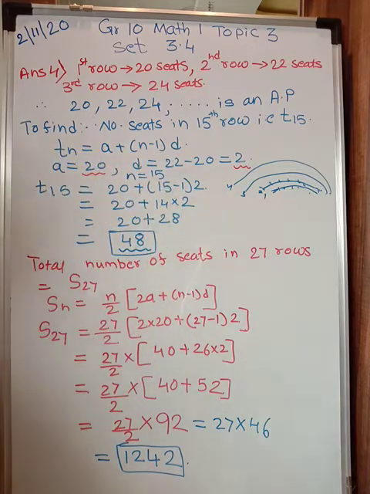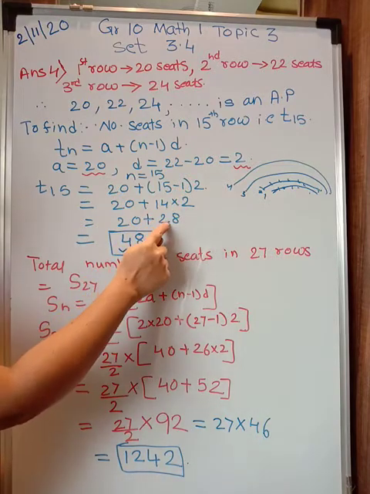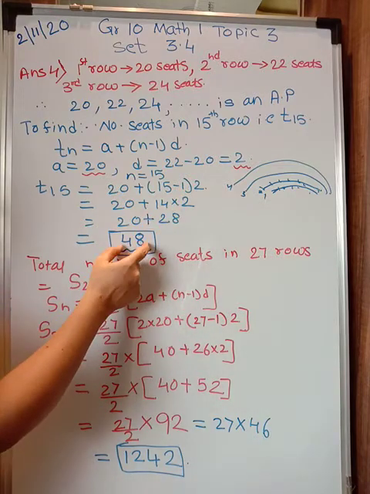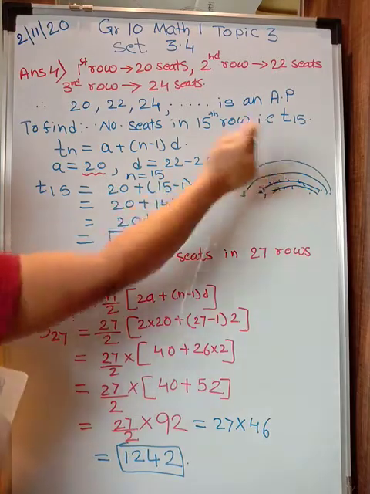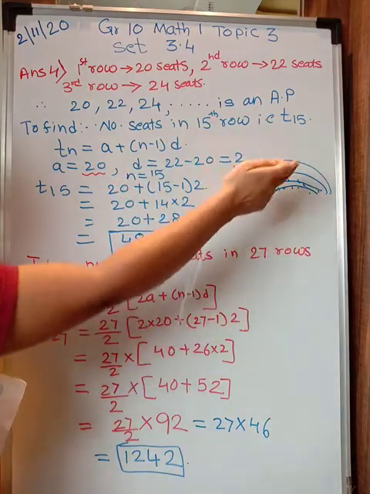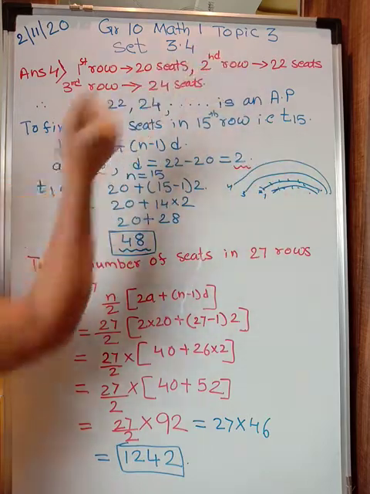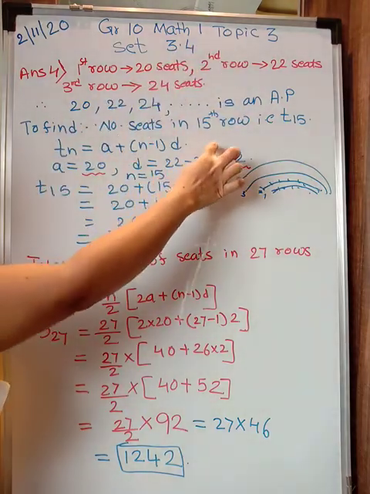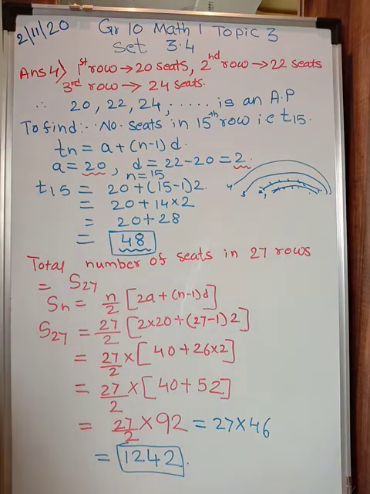So we have 20 plus 14, 15 minus 1 is 14, 14 into 2 is 28. So 20 plus 28 is 48. In the 15th row, suppose here is the screen and the auditorium is filling towards the back side, so somewhere over here in the 15th row, there will be 48 seats.